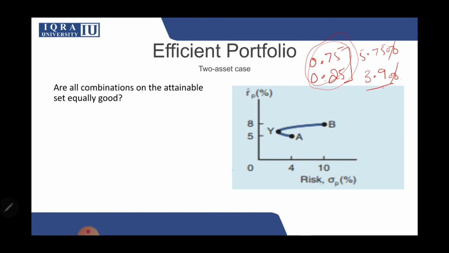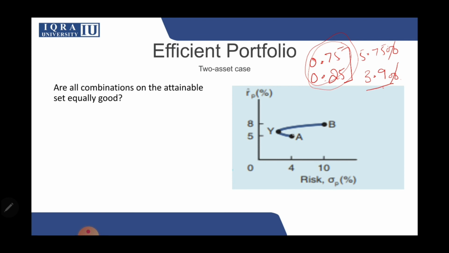So over here, this is the risk on the horizontal axis and this is the return on the vertical axis. Even over here, this is your attainable set. So these are all the combinations. This point A is if you do 100% investment in stock A only. And this point B represents 100% investment in stock B only.